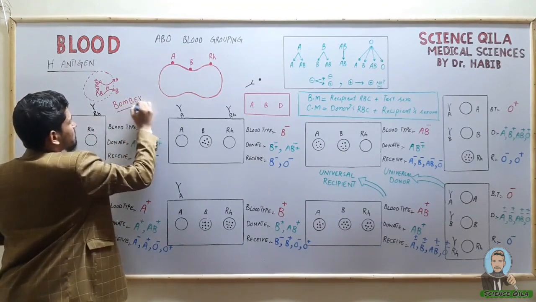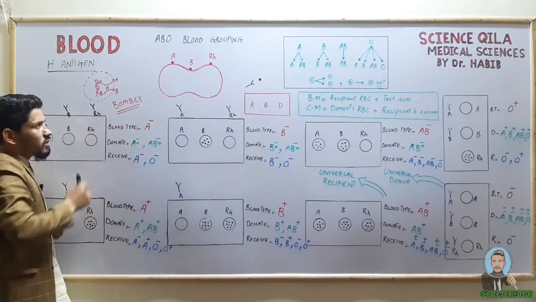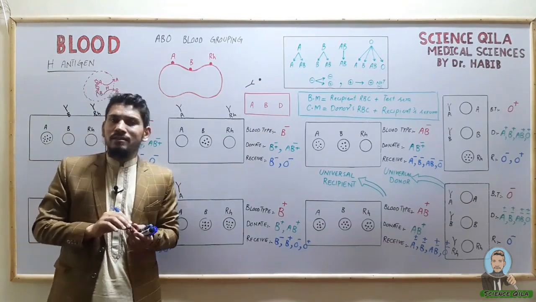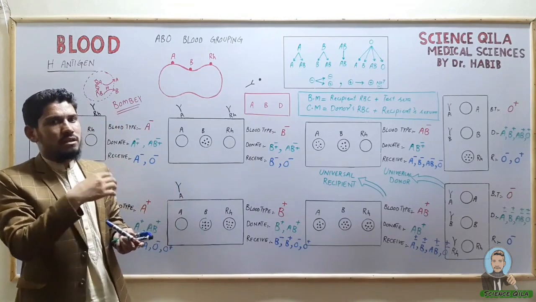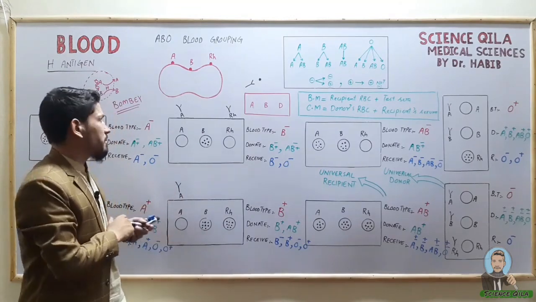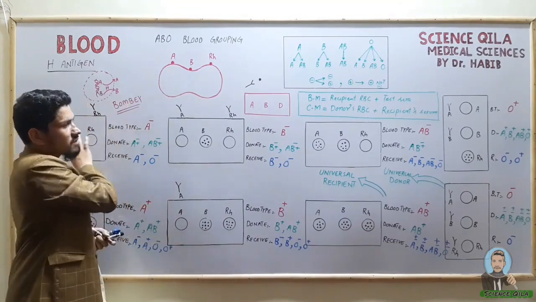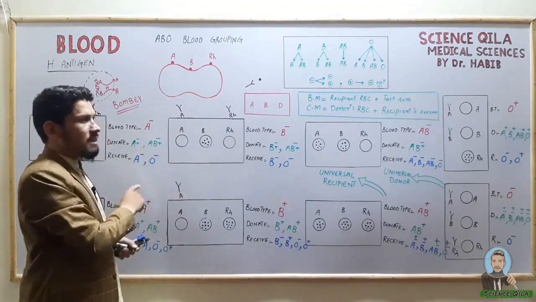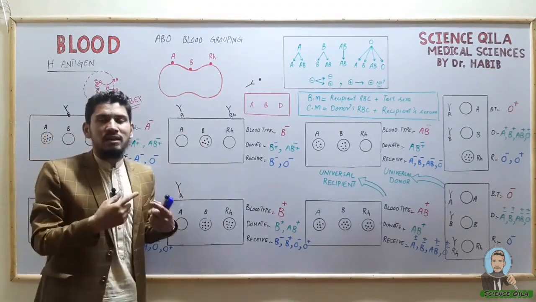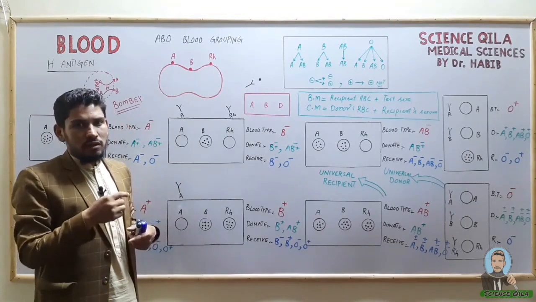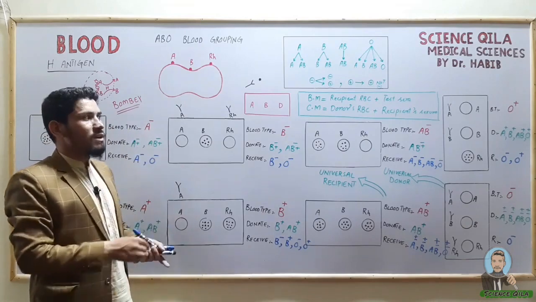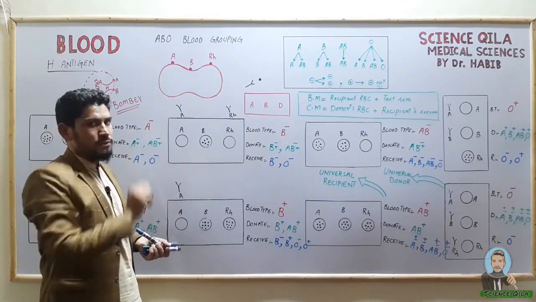This is called Bombay blood type because it was first discovered in KEM hospital in Bombay. That's why this blood type is named Bombay. It is very much different from all blood types. While typing the blood, Bombay blood type will seem like O blood type, while in cross matching, Bombay blood type will agglutinate with all other blood types.